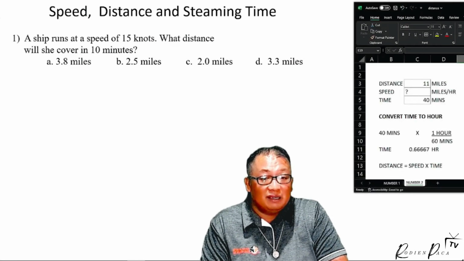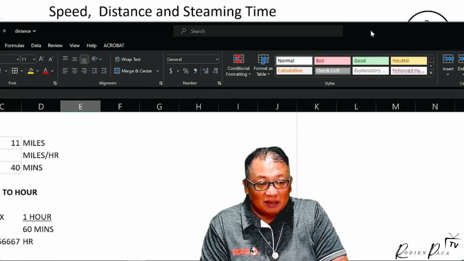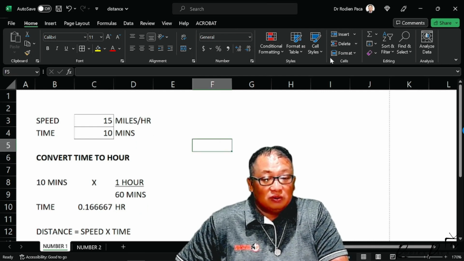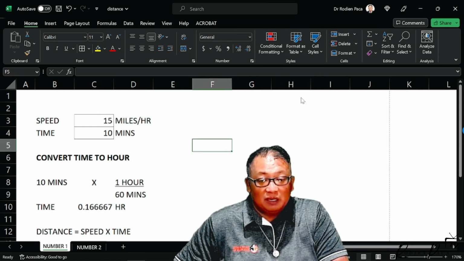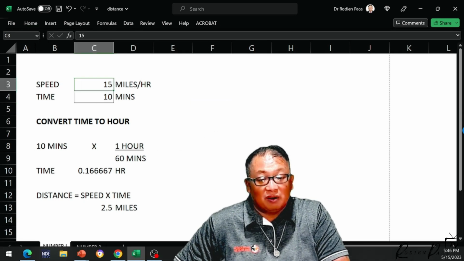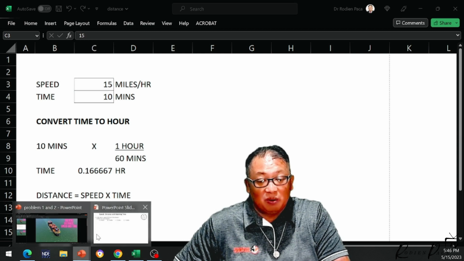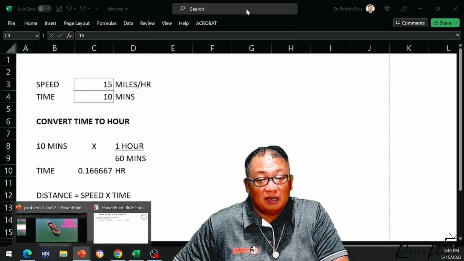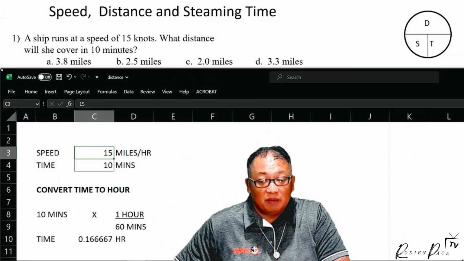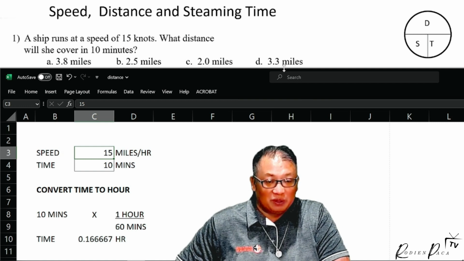Excel is here. Okay, number 1. So I have to collapse the ribbon here. Speed is 15 miles per hour. That's what the problem is talking about, the speed. And the distance, and the time is 10 minutes. So I show you the problem here and a part of the solution.